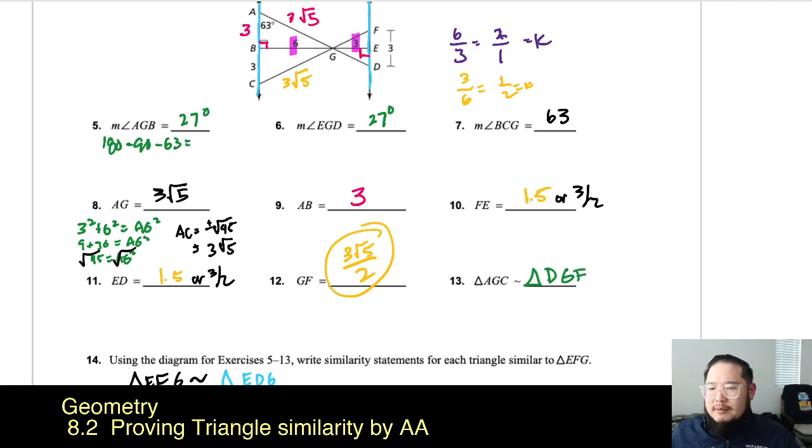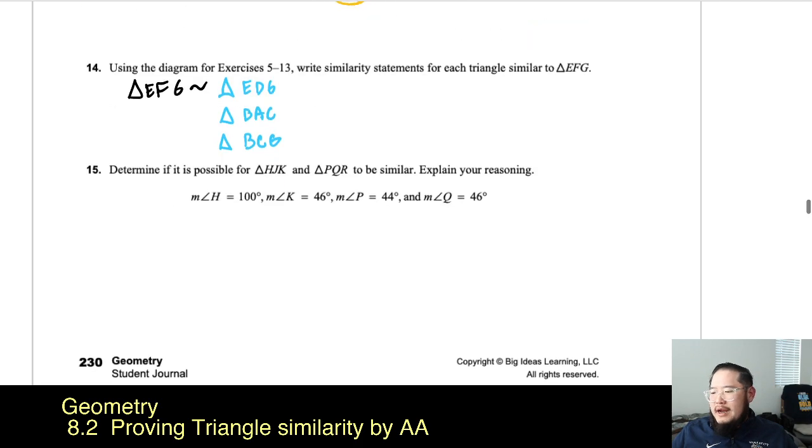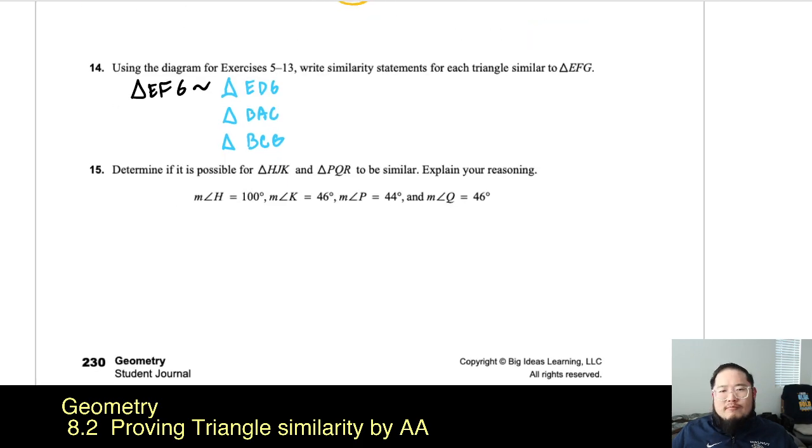Last up, we want to take a look at number 15. There are no diagrams here, so you should make a diagram for yourself. That's one easy way that can help us out.